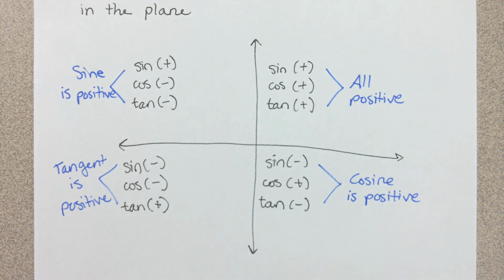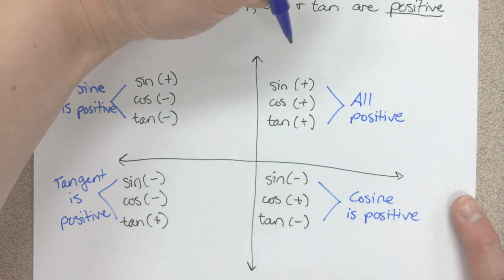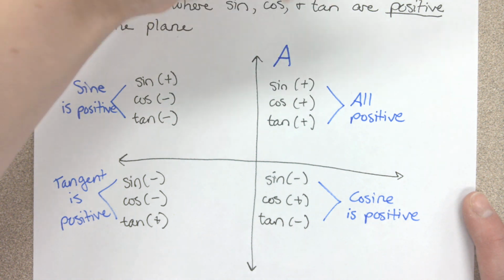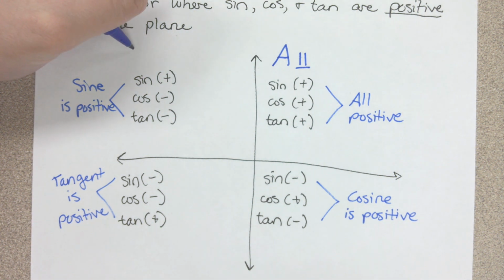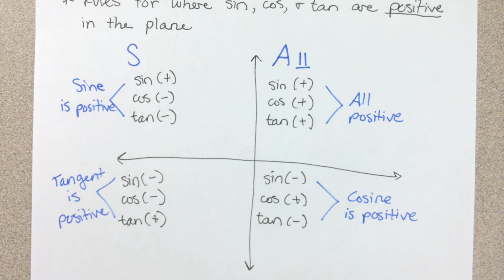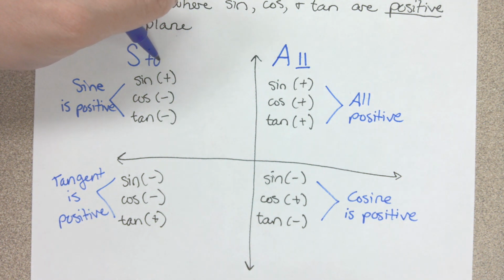But there's an acronym we use to remember the four quadrants without just straight up memorizing what is where. In the first quadrant, they're all positive, so we use an A for all. And the word in the acronym is actually all as well. In the second quadrant, we use an S for sine, and the word is students.